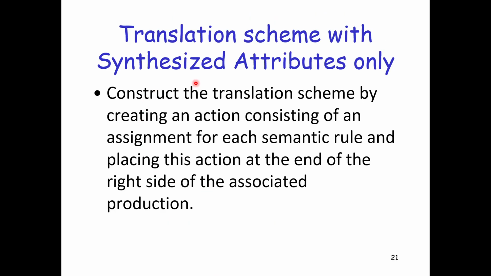Translation scheme with synthesized attributes only. If the translation scheme has only synthesized attributes, how do we write it? Semantic actions can be given at the end of the right side of the associated production if it has only synthesized attributes.